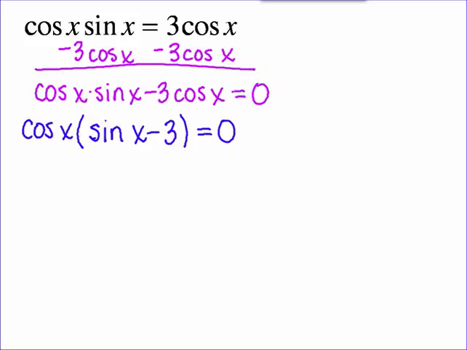Now this is the zero product property in play. The zero product property states that either cosine x equals 0, that's one solution, or sine x minus 3 equals 0, which means sine x.